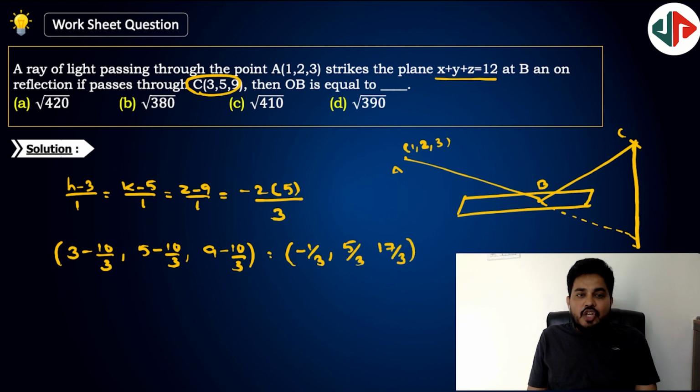So you join these two, and where it intersects this plane, you will get this point. So directly you'll get the answer.